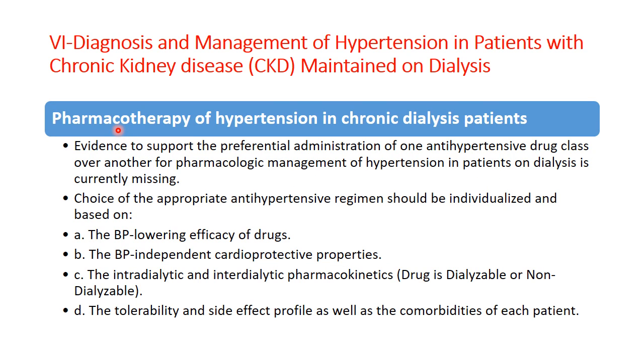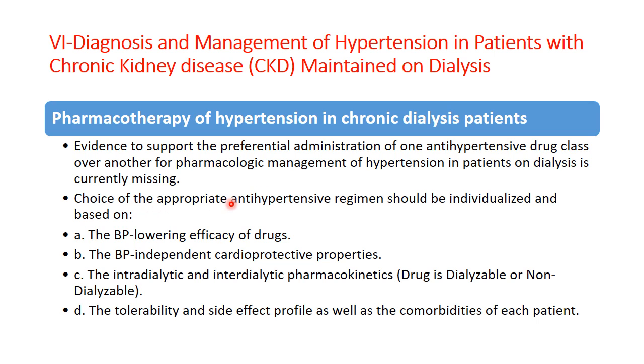What about the pharmacotherapy of hypertension in dialysis patients? Evidence to support the preferential administration of one antihypertensive drug class over another for pharmacological management of hypertension in dialysis is currently missing.